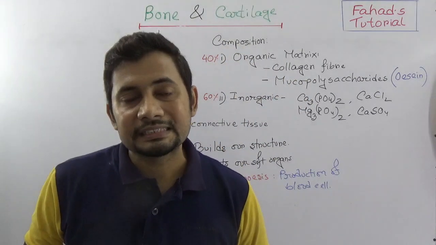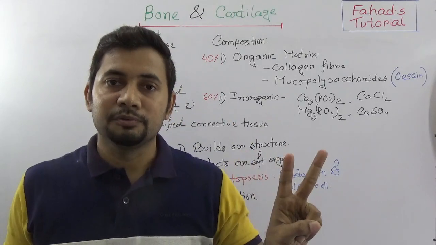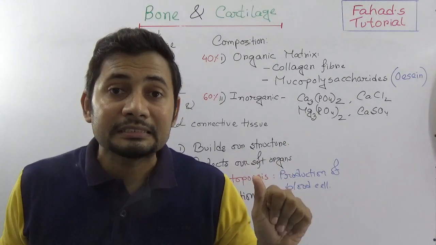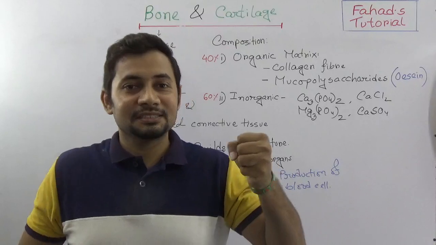Now if we think simply about the types of bones, we will find two types of bones. That is compact bone. The word itself explains it: compact means strong.